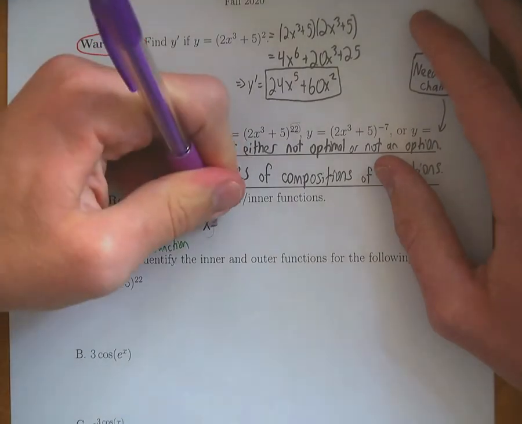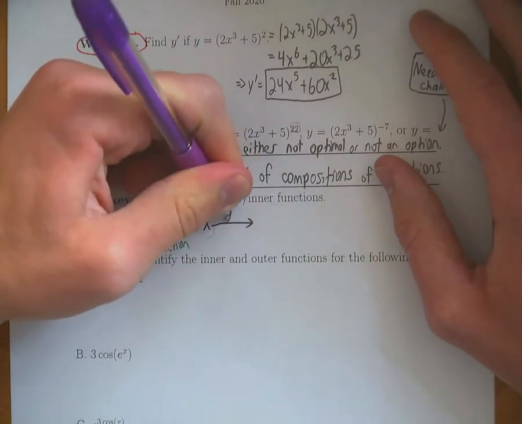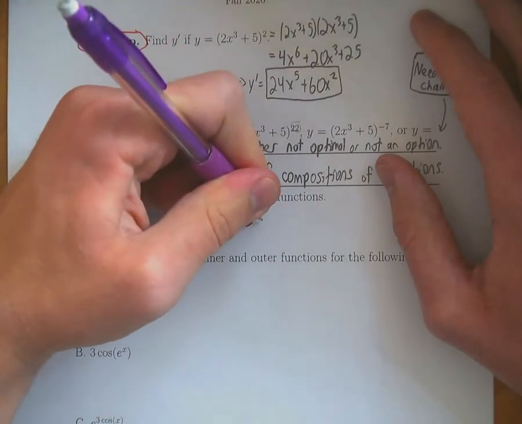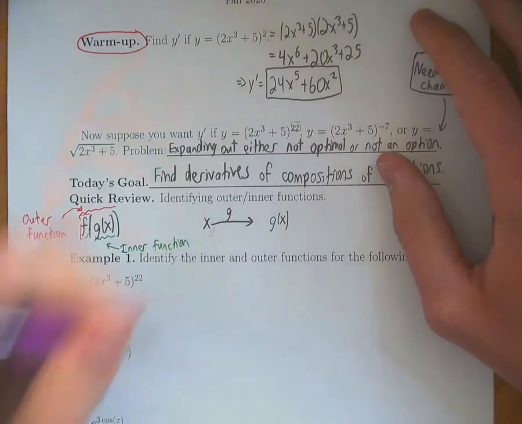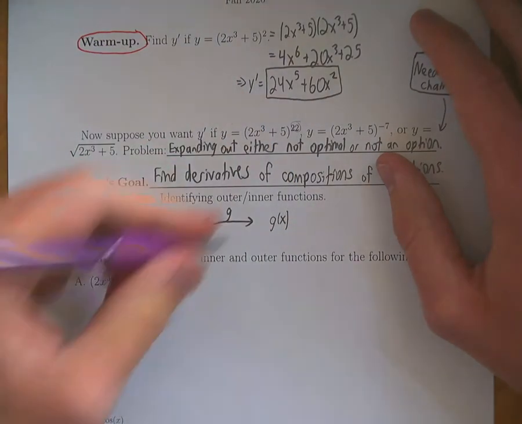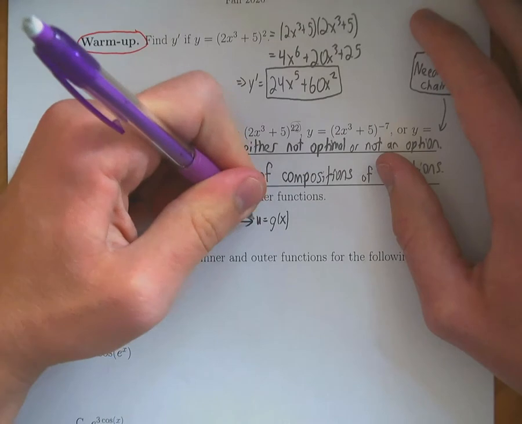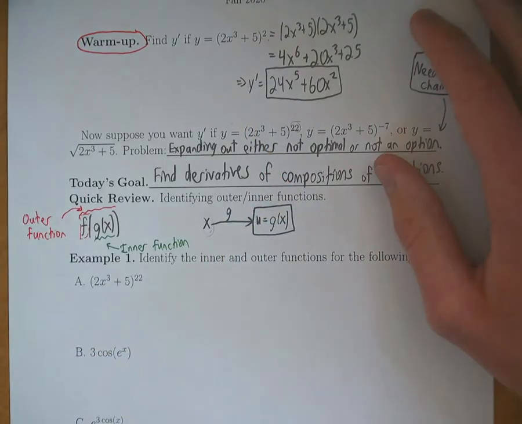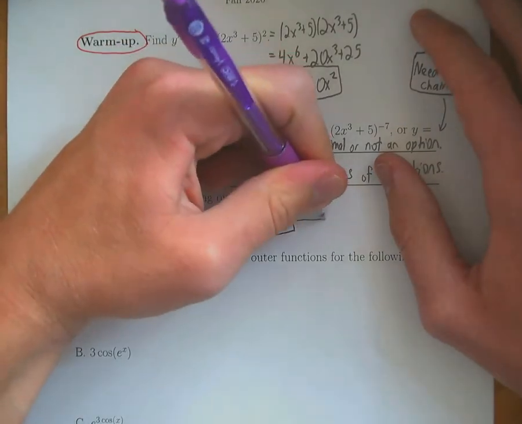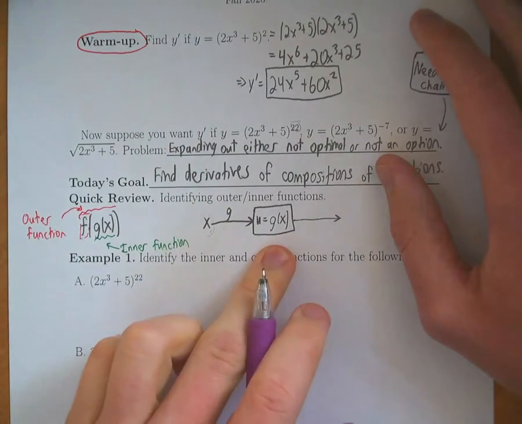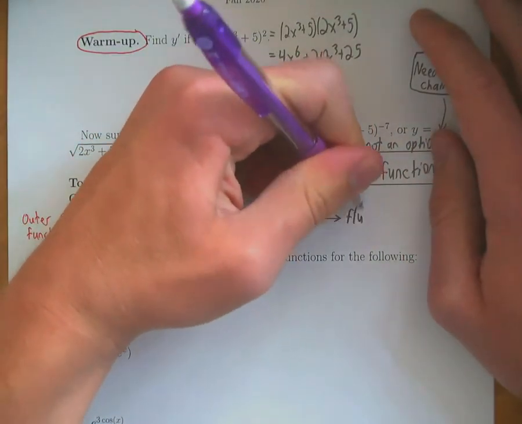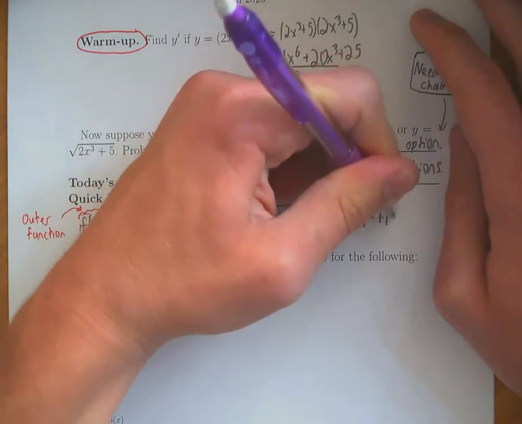So what that means is that we have x, feed that through g, you're going to end up with g of x, which we're also going to denote by u for our purposes, that you'll see in a minute. Okay? But meanwhile, if you, in turn, feed this through f, then you're going to end up with f of u equals f of g of x.